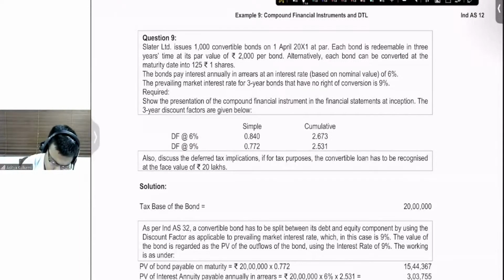Slater Limited issues 1,000 convertible bonds on 1st April 20X1 at par. Each bond is redeemable in 3 years' time at its par value of rupees 2,000 per bond. So redemption happens at par. So the value of the bond issue is 20 lakhs, 2,000 into 1,000. Alternatively, each bond can be converted at the maturity date into 125 1 rupee shares.